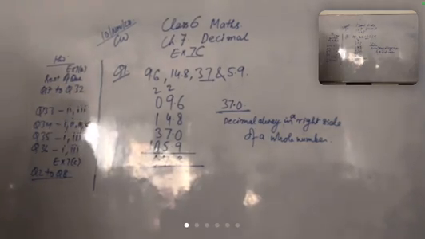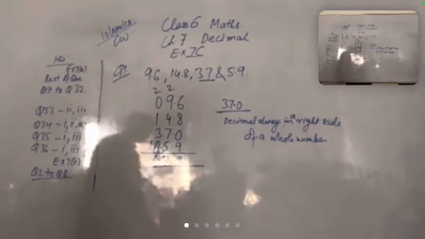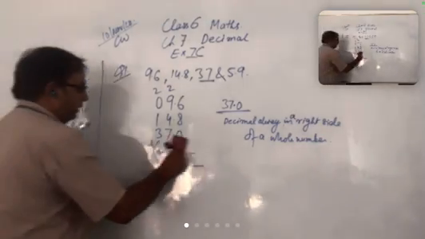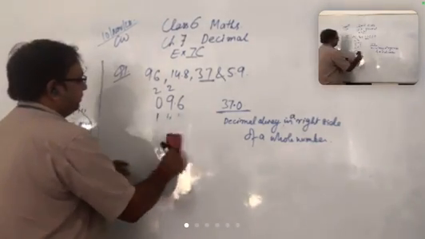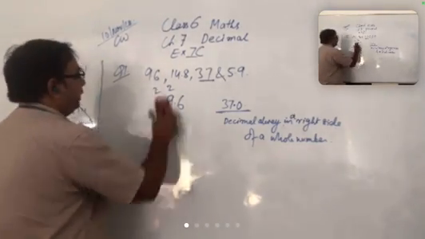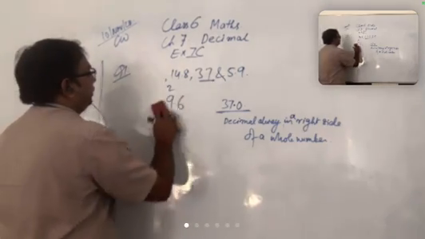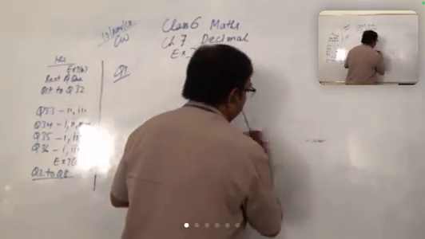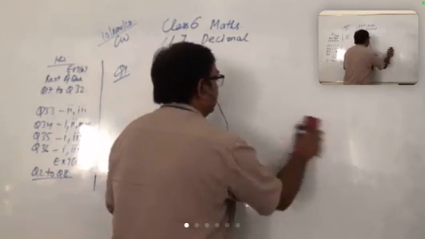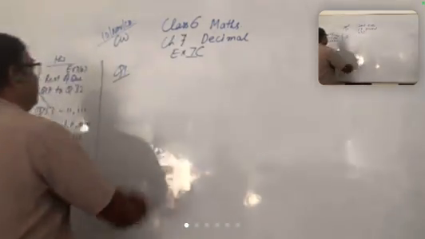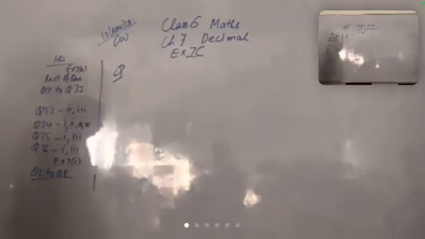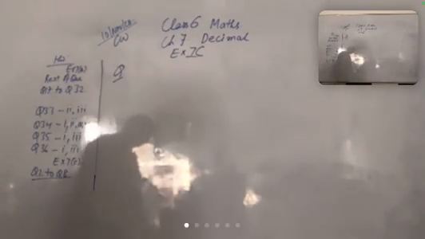Clear? So now move to question number 9. There is a lot of exercise, so I want us to finish on time. If we take more time it will become very long. So you can do more questions in homework.